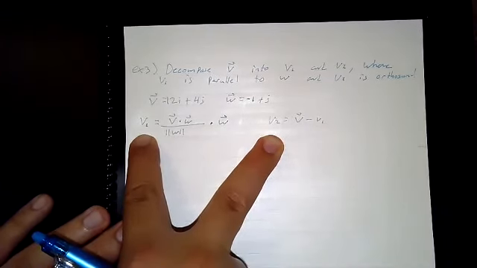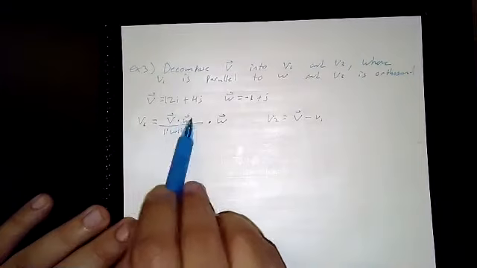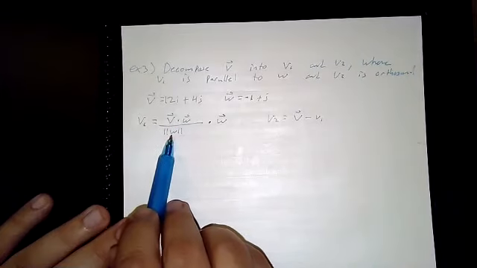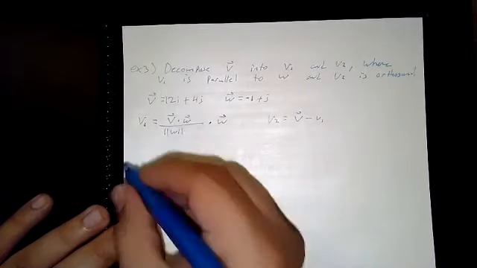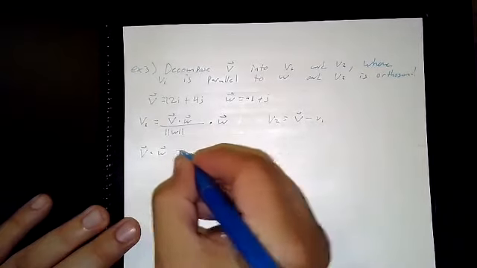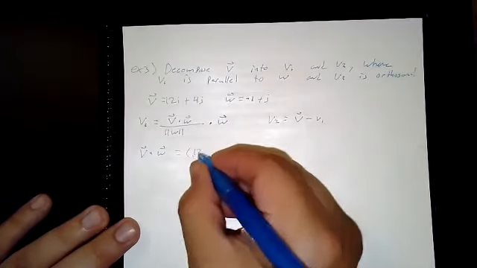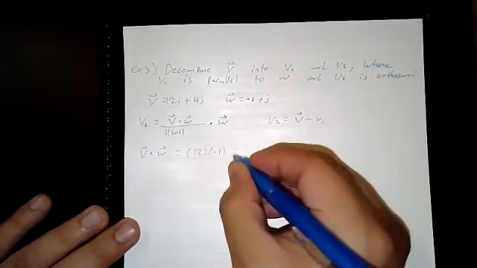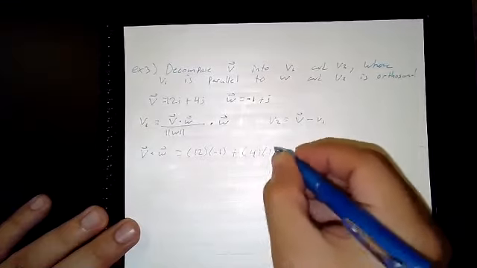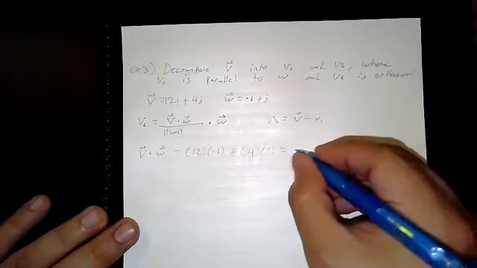Okay. So here we go. We need the dot product and we need the magnitude. So let's go ahead and find that stuff first. v dot w is equal to 12 times -1 plus 4 times 1, which will be -12 plus 4, -8.